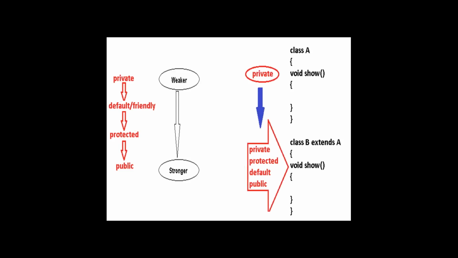So at the time of overriding, if the base class has the public keyword before the function, then we need to use only public, because no other access specifier is stronger than public. So a public function must be overridden with public. In the case of an interface, the method is by default public.